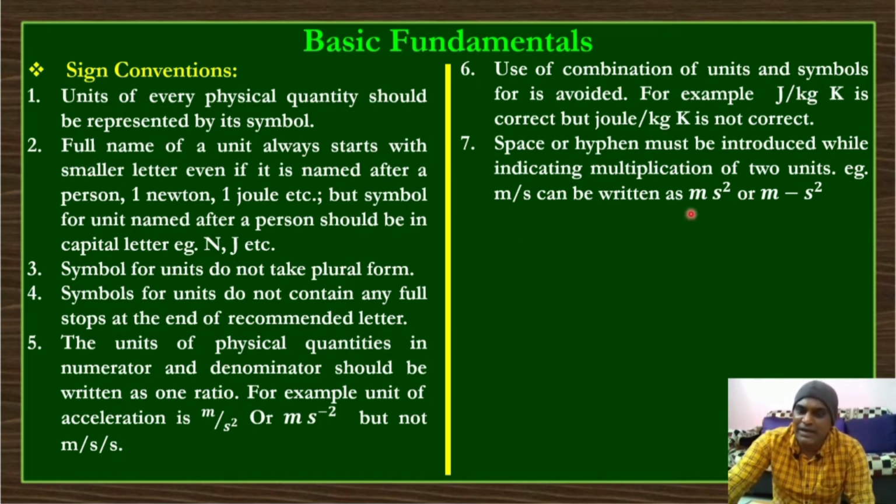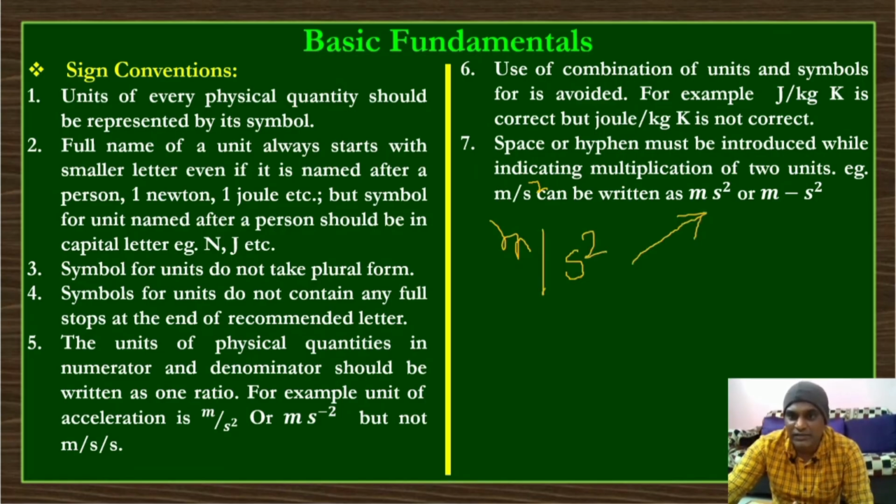Another rule: a space or hyphen must be introduced while indicating multiplication of two units. Suppose meter per second square. This can be written as m space s to the power minus 2, or you can write m hyphen s to the power minus 2.